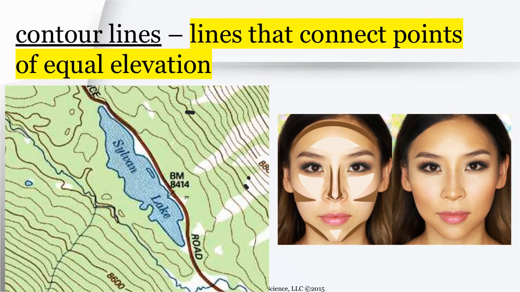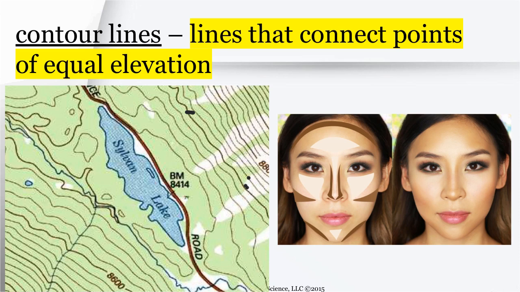Like this lady on the right hand side here, she wants her cheekbones to look higher, so she gives them a lighter color. And the things that she wants to fade into the background, she makes a darker color. We call that contouring, because you're trying to show the high points of the face and the lower points of the face, just like you're trying to show elevation on a map, the high points and the low points.